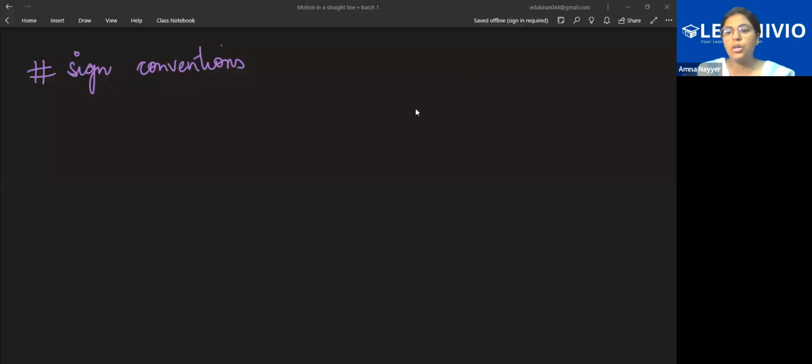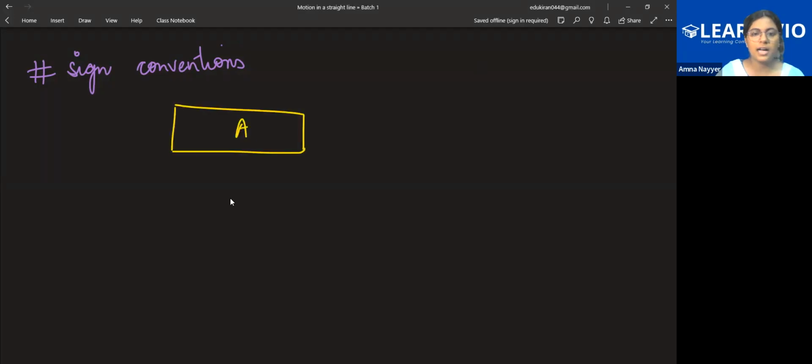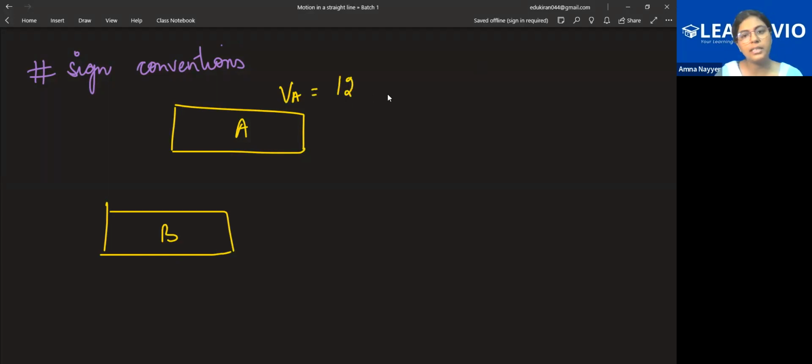Suppose a car is moving on the right side. Let me give you this example. This is car A, this is car B. The velocity of car A is, let's say, 12 meter per second, and the velocity of car B is 2 meter per second.